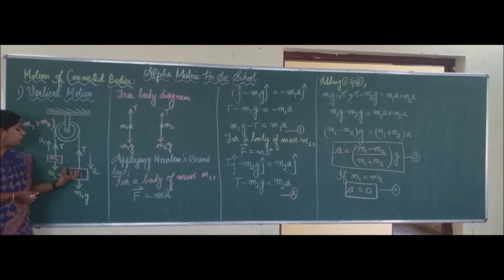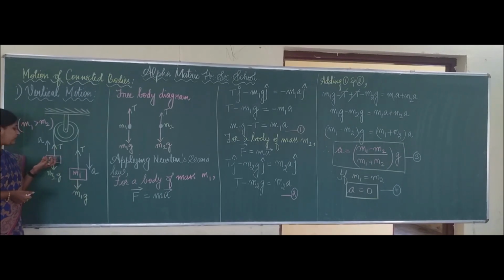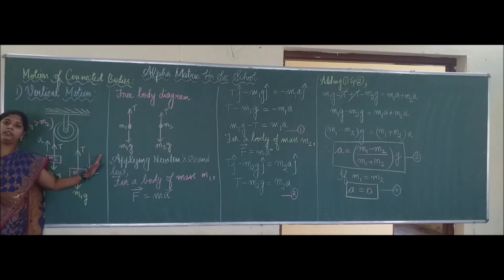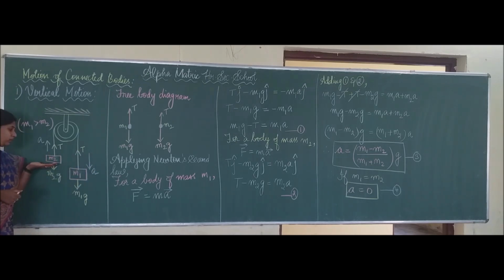Once you pull down the mass M1, automatically the mass M2 will move upwards. So mass M1 moves downwards, which means its acceleration acts in the downward direction, and the mass M2 will move upwards, so its acceleration acts in the upward direction.